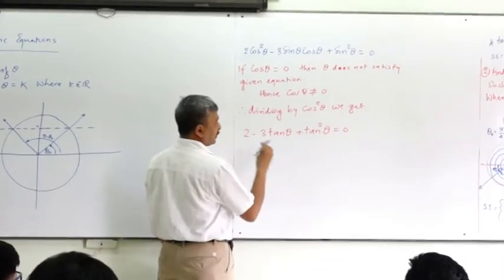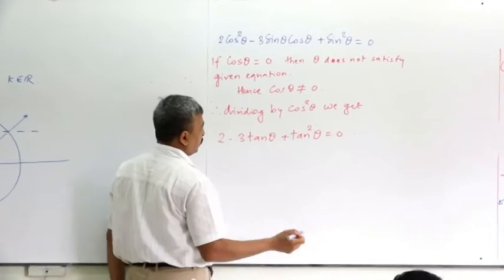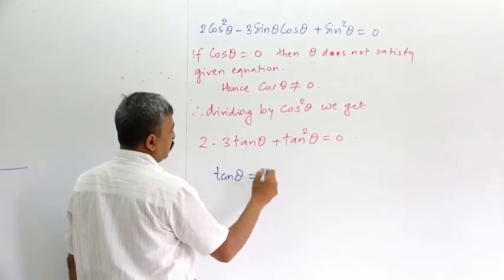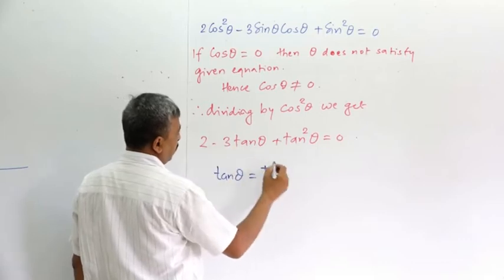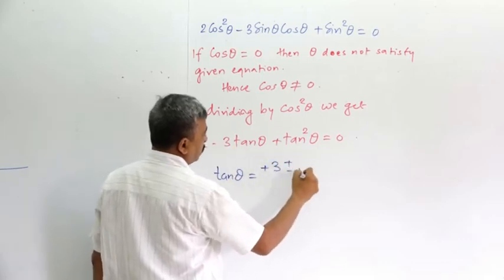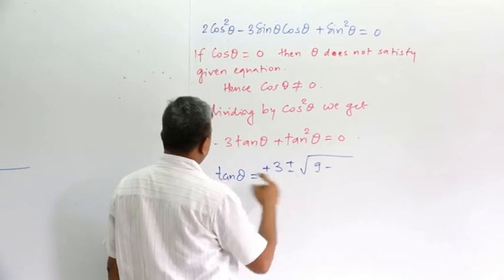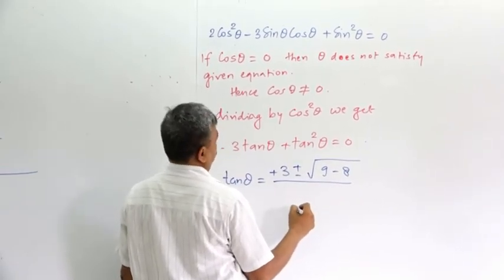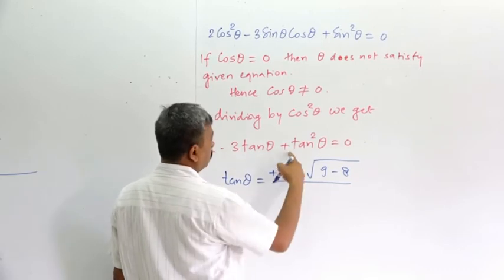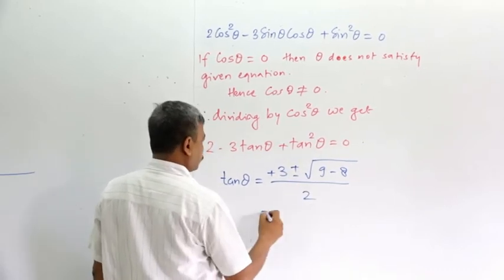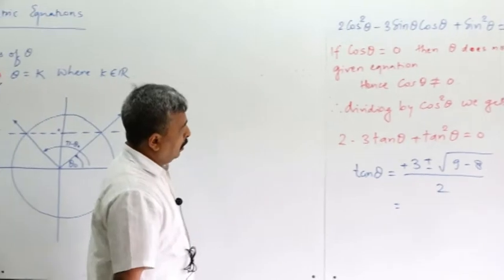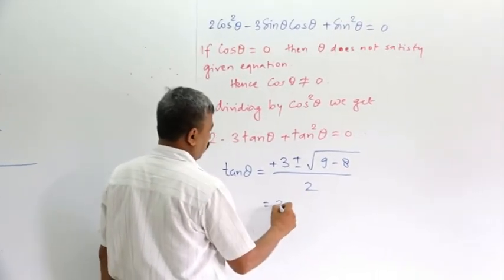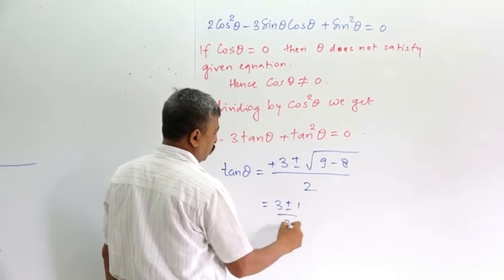Now from here onwards it is quadratic equation theory. Therefore tan theta is equal to minus b, that is, 3 plus minus under root 9 minus 8, upon 2. So 3 plus minus 1 upon 2.